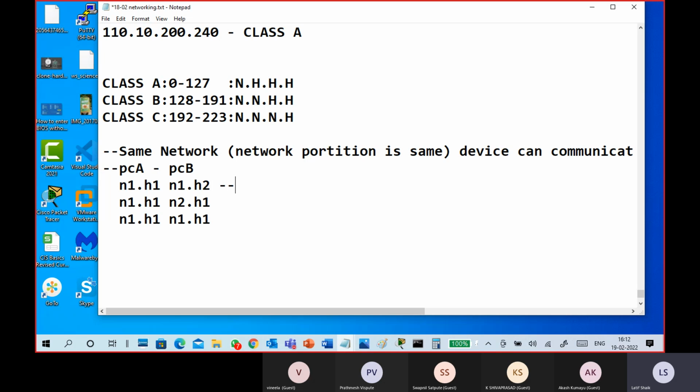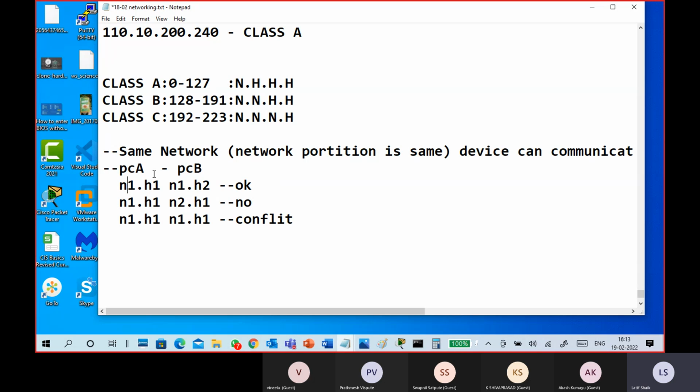This is a conflict, between PCA, PCB, PCC. This is okay. Okay means it works.